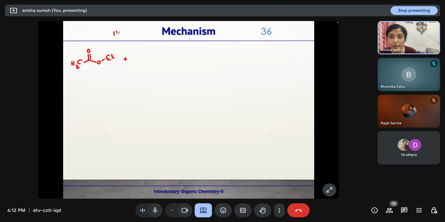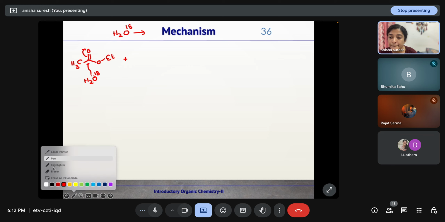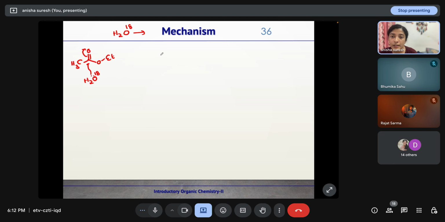This O18 labeled water will add on to the carbonyl carbon, leading to formation of CH3, O minus, OH18 and OEt. Because it is alkaline medium, the proton will be abstracted by the base.